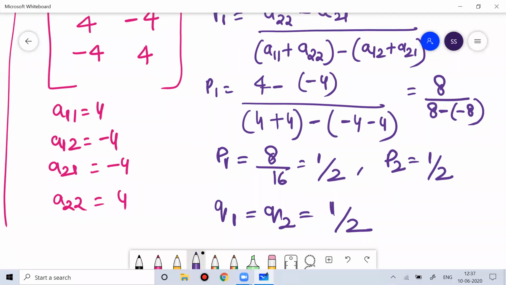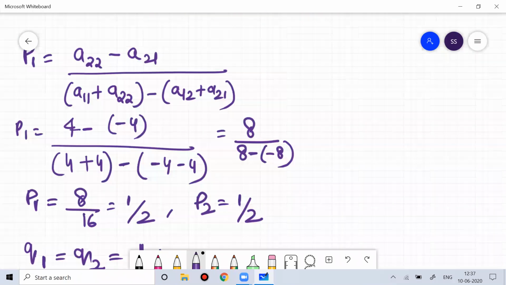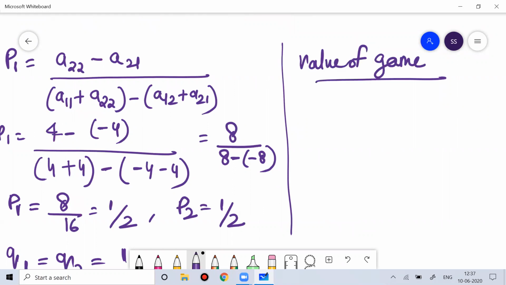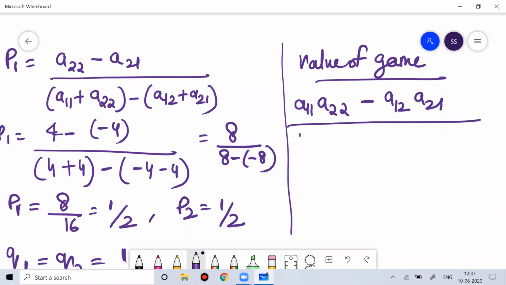Once you get the value of P1, P2, Q1, Q2, you can use the formula of value of game, that is A11 into A22 minus A12 into A21, divided by A11 plus A22 minus A12 plus A21.